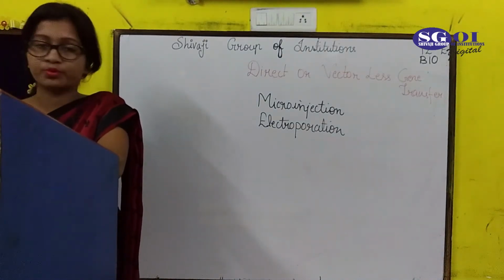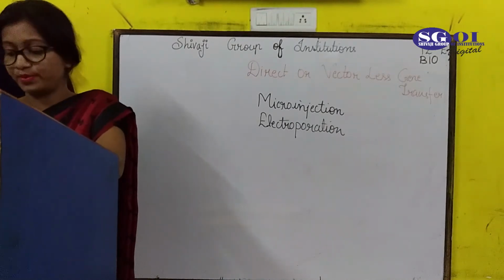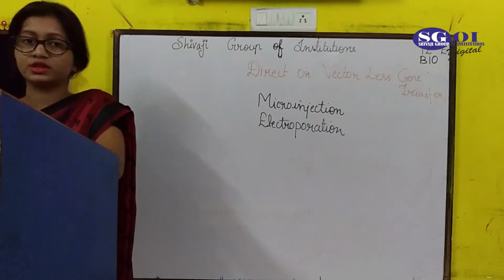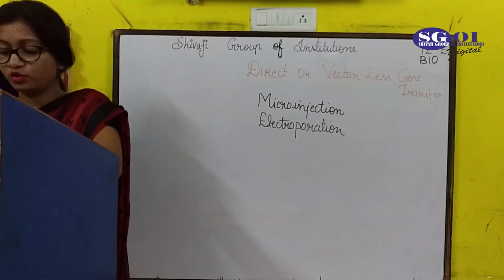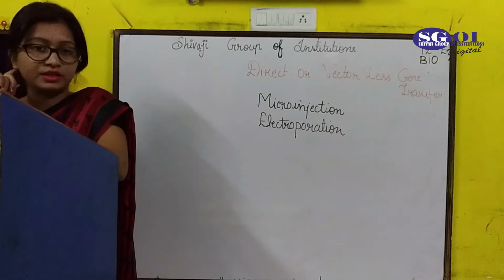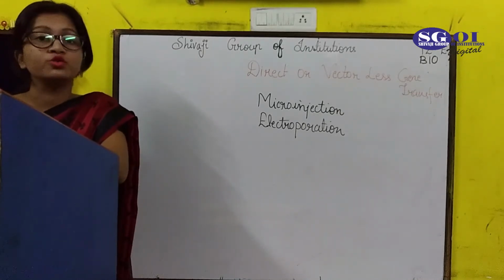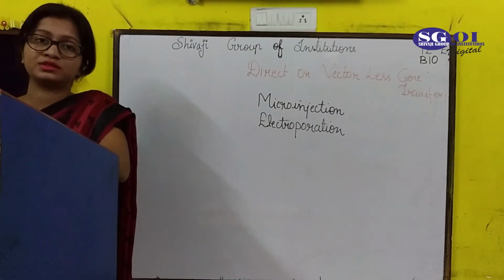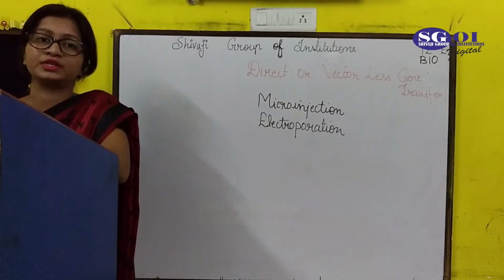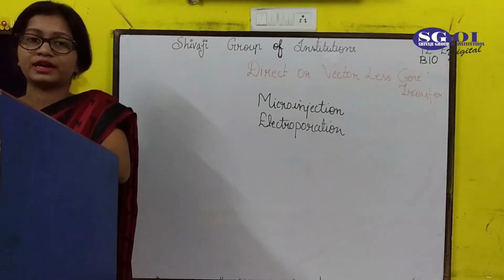But in electroporation, electrical impulses induce temporary pores in the plant cell membrane through which the DNA molecules are incorporated into the plant cell. When the pores are present in the membrane of the cell, DNA can easily enter inside the cell.